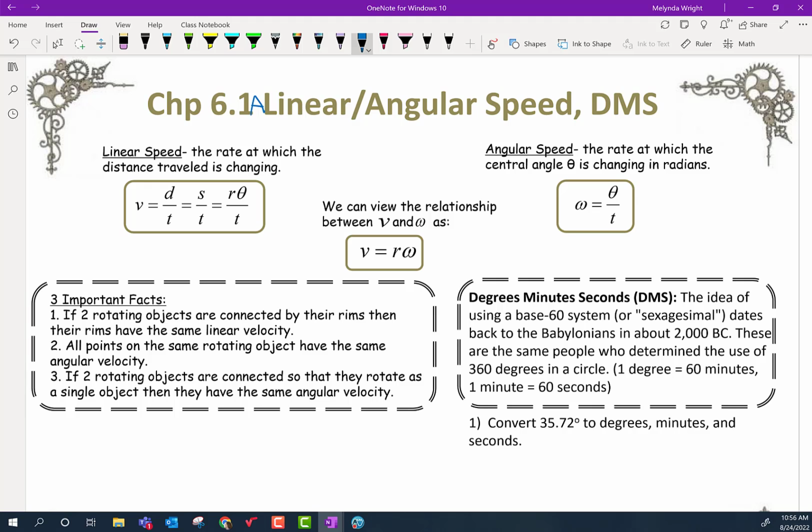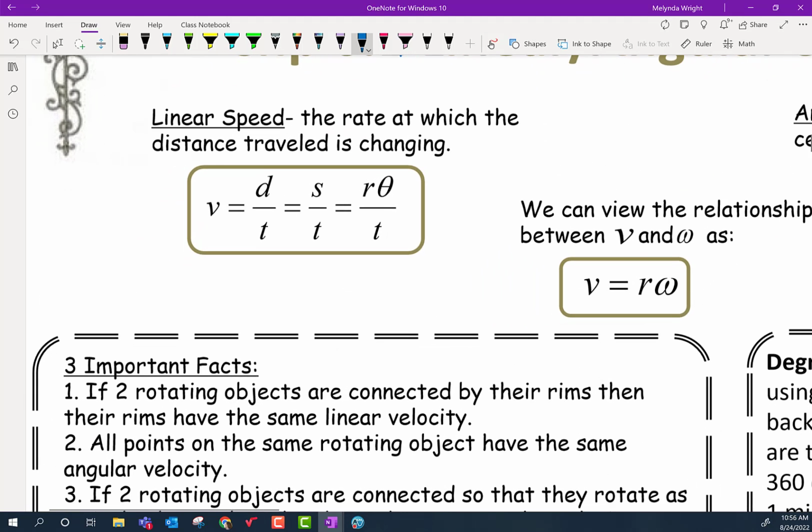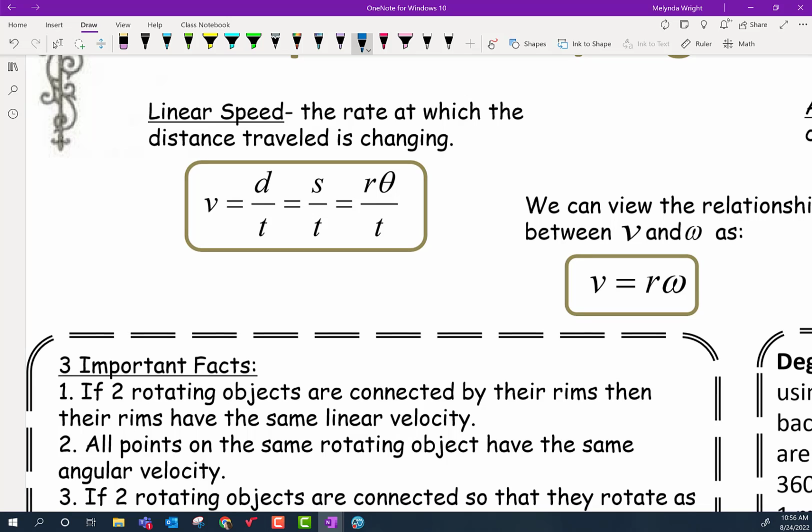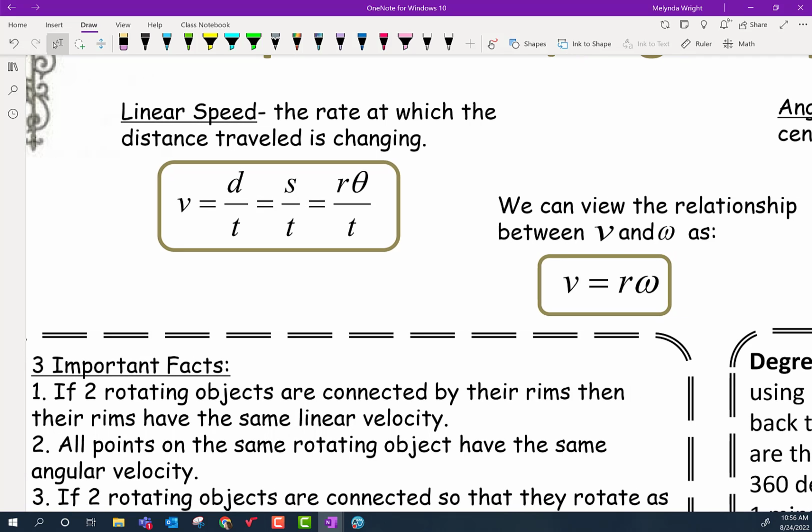All right, so let's kind of start with formulas. We've talked about formulas, how it's important for us to remember formulas. So what you might want to do is highlight. So linear speed is basically arc length, which we remember from last time, the formula for arc length, which is S. If you recall, S equals R theta.